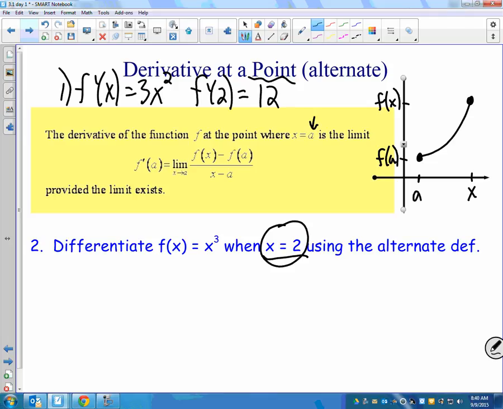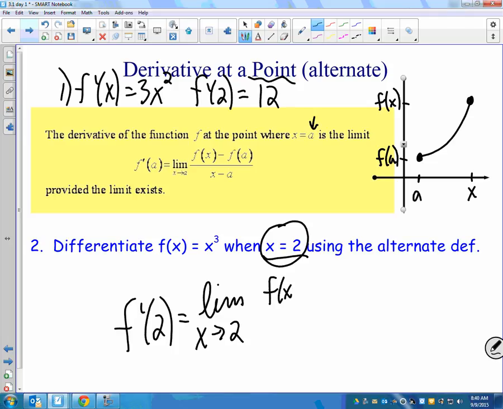All right, if I want to find f prime of 2, instead of doing the limit as h approaches 0, I can do the limit as x approaches 2. So a is 2, and I can say f of x minus f of 2 all over x minus 2. I'm just replacing a with the number that I'm finding the derivative at.